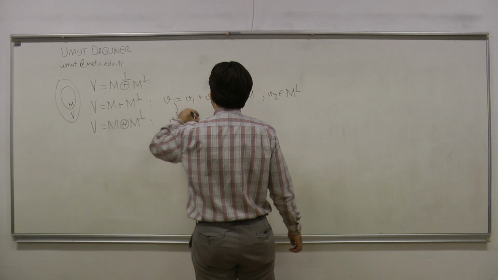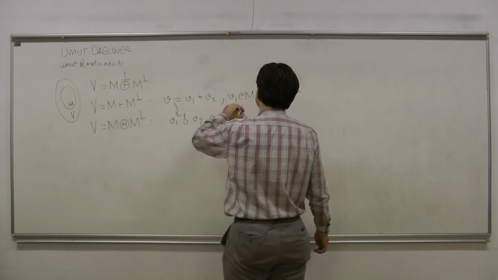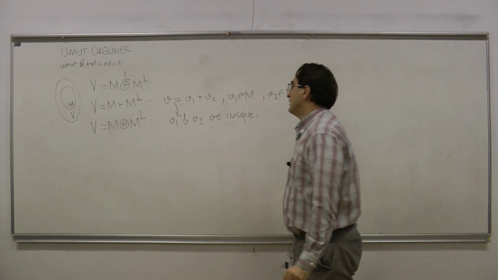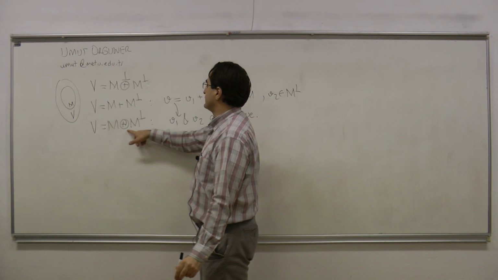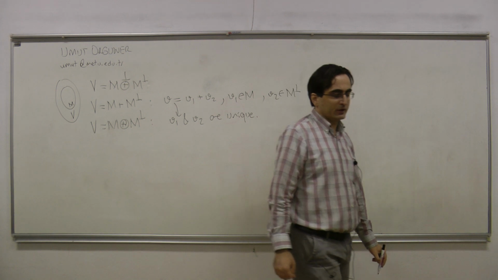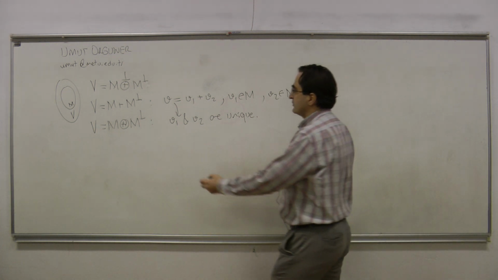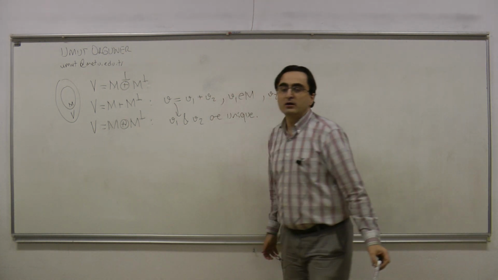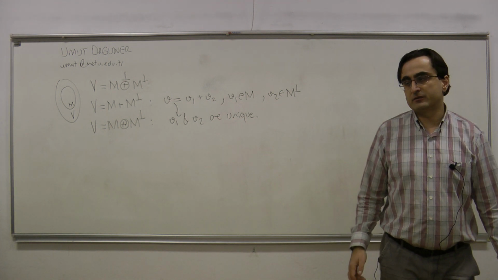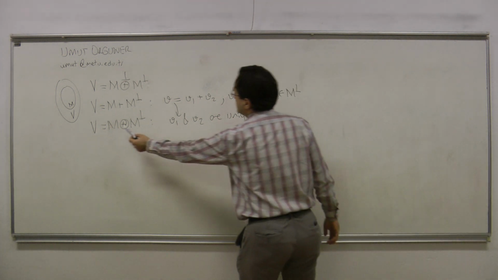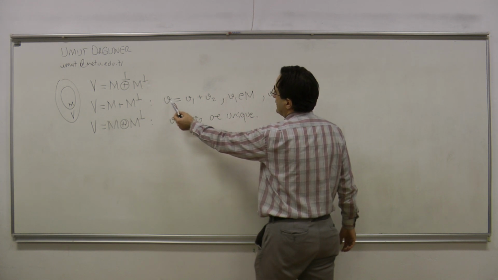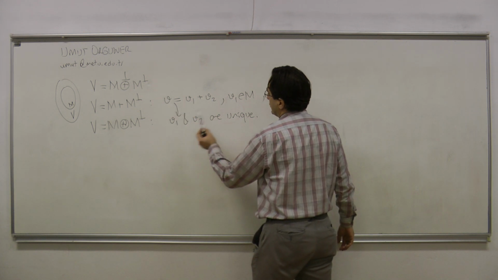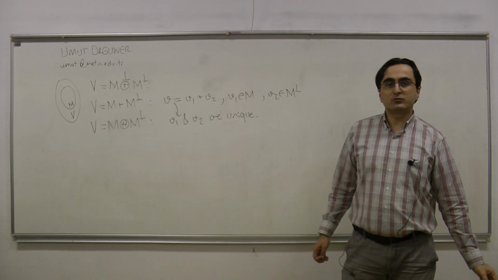So V1 and V2 are unique. The only thing that brings this is the direct sum decomposition property. It means that the subspaces M and M orthogonal are linearly independent, and from that linear independence, you can show that when I decompose any V in this form, the decomposition is unique.